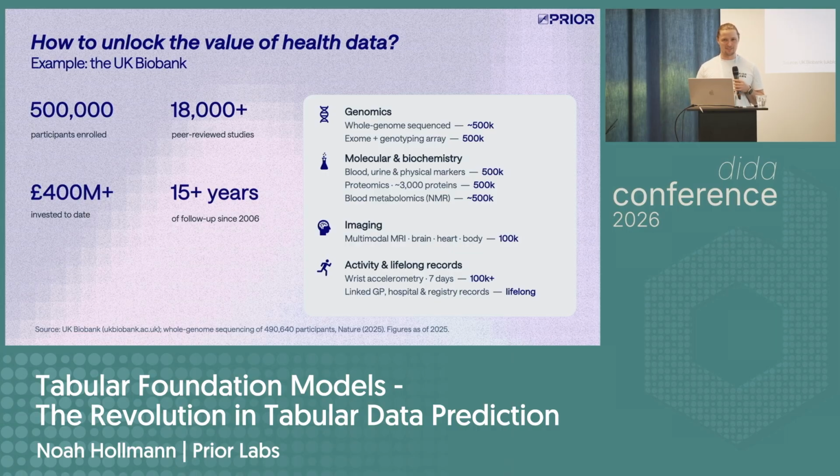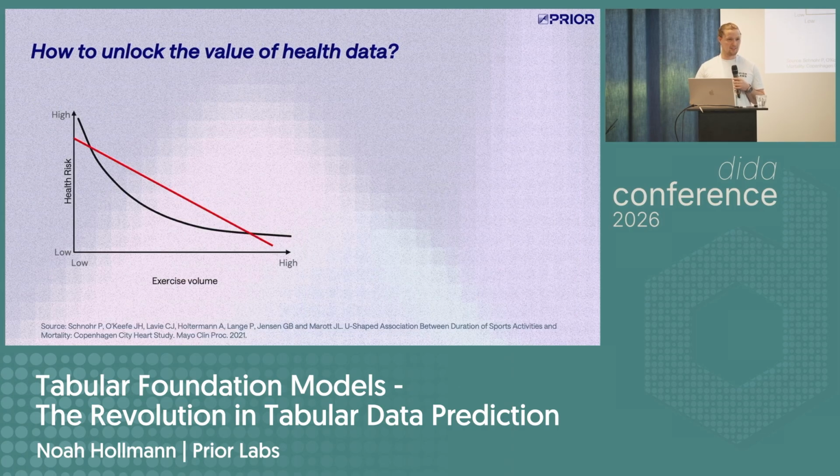The problem was that, looking at this data, everyone built a new model. Every time you would fight the data again, and maybe build a very simple model. One example is looking at the health risk based on exercise volume.